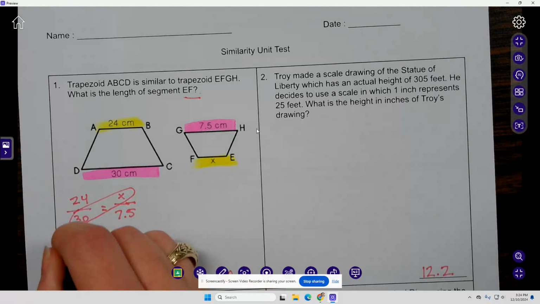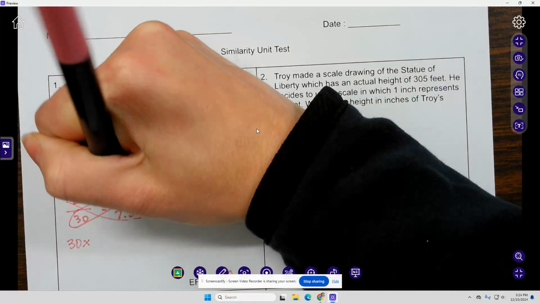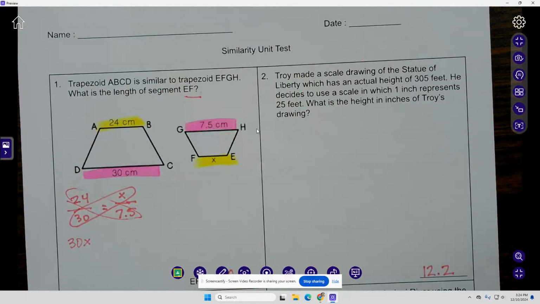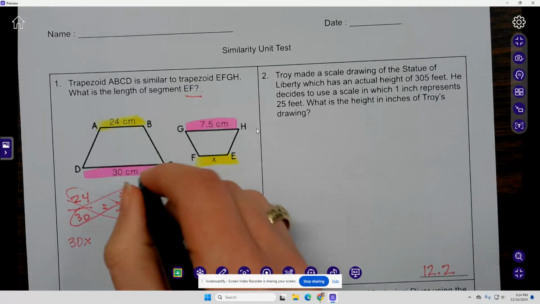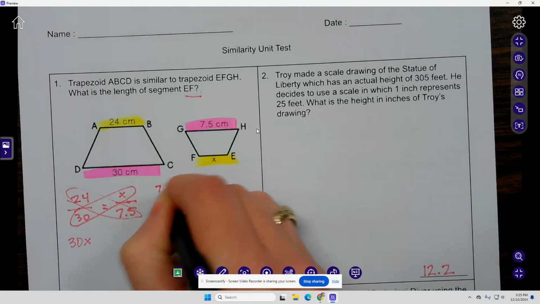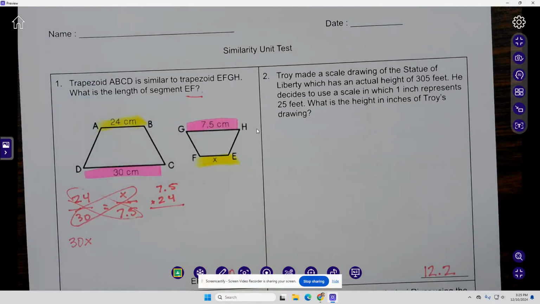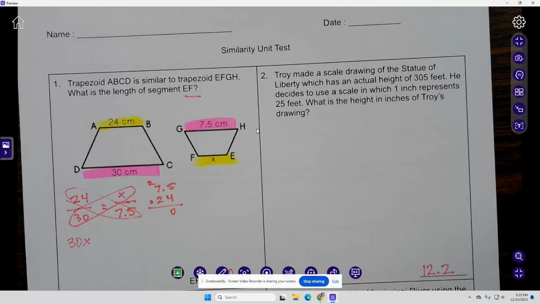30 times x can be represented by 30x. And then 7.5 times 24. I'm going to go ahead and solve that. 4 times 5 is 20. 4 times 7 is 28, plus 2 is 30.